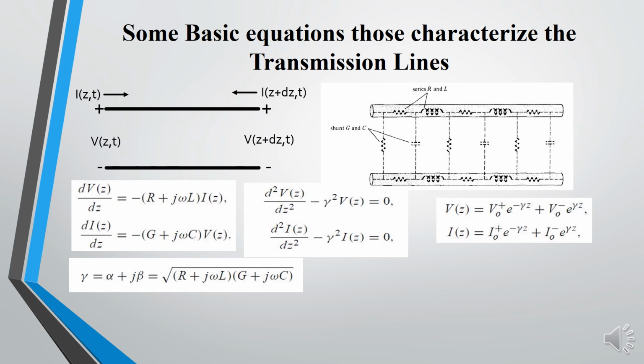One is the forward voltage component, another is the reverse voltage component. The forward voltage component is designated by V0 plus e to the power minus gamma z, and the reverse voltage is designated by V0 minus e to the power gamma z. And current is also defined as I0 plus e to the power minus gamma z for forward current, and for backward current I0 minus e to the power gamma z.